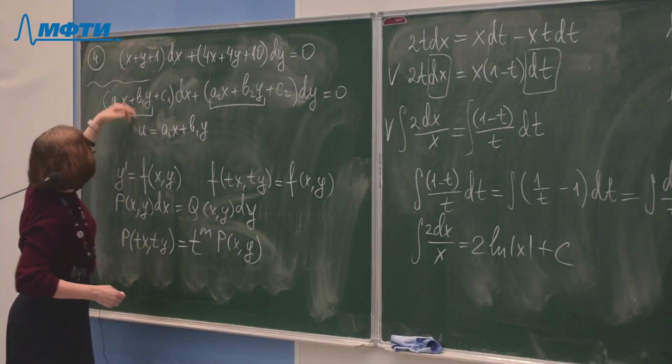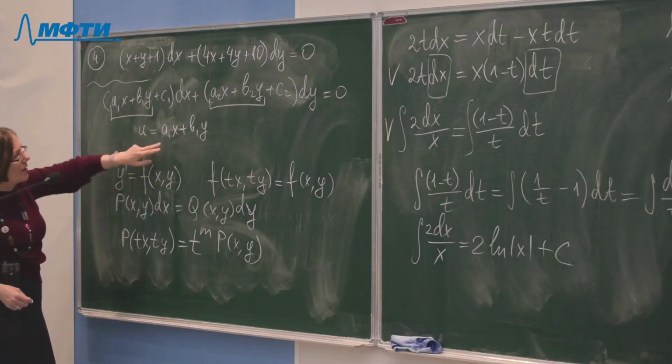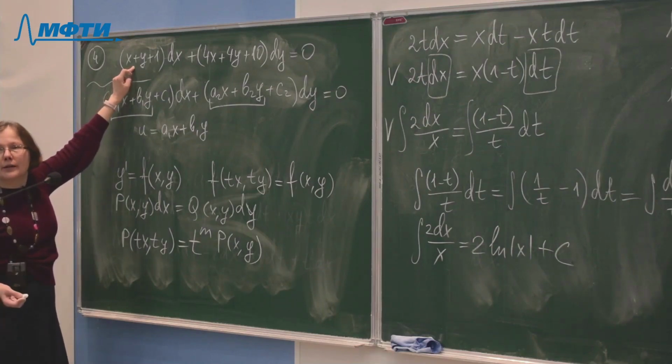But since it is not homogeneous, the method is to make a substitution u equals a1x plus b1y, and in our case it will be x plus y.